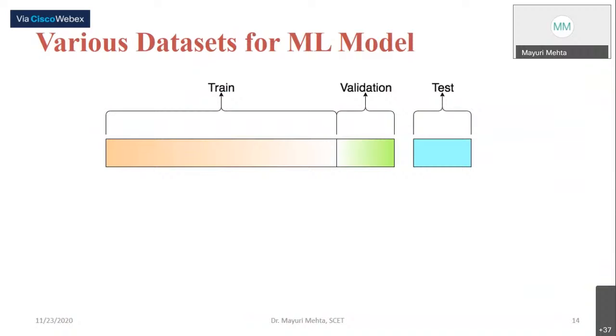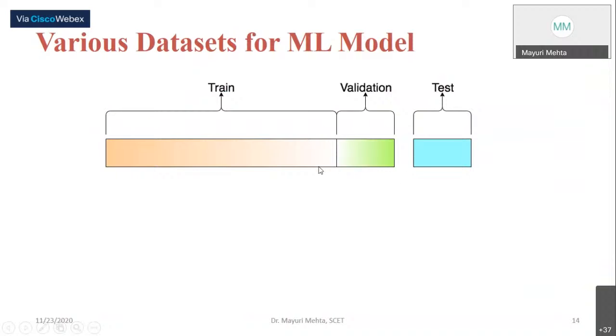First, the total number of samples available in your data set. And second, the actual model you are training. Depending on this, we can decide the ratio for the training set, validation set, and testing set.